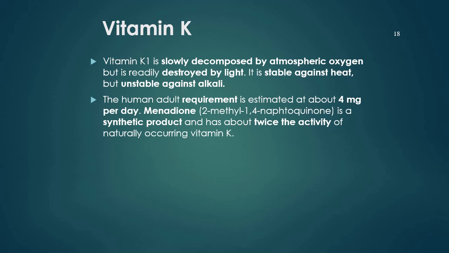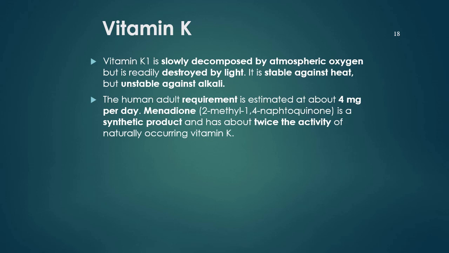Vitamin K1 can be slowly decomposed by atmospheric oxygen but is readily destroyed by light. Although it is stable against heat, it is unstable against alkali. The human adult requirement is estimated at about 5 milligrams per day.